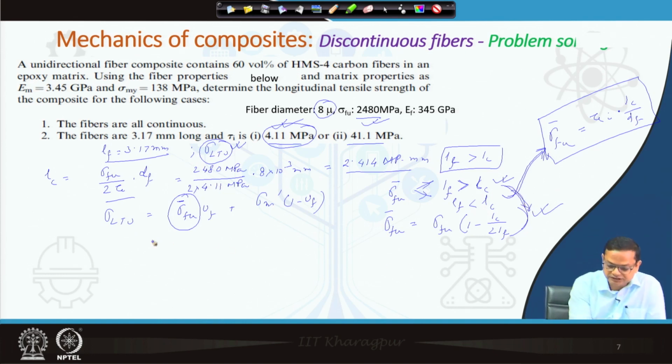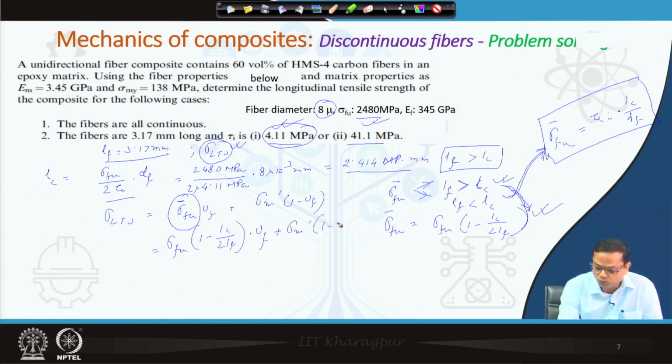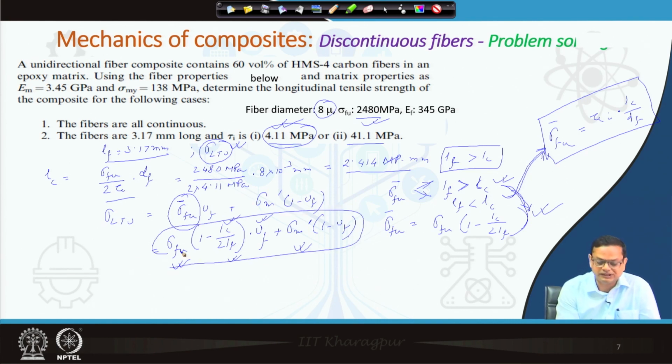Now you can plug in the values: sigma_FU multiplied by 1 minus L_C over 2 L_F, multiplied by V_F, plus sigma_M dash multiplied by 1 minus V_F. You know the value of sigma_FU, L_C you have calculated, L_F is given, V_F is 0.6, and sigma_M dash you calculated earlier. So you know all the parameter values here, and from here you can get the value of sigma LTU.